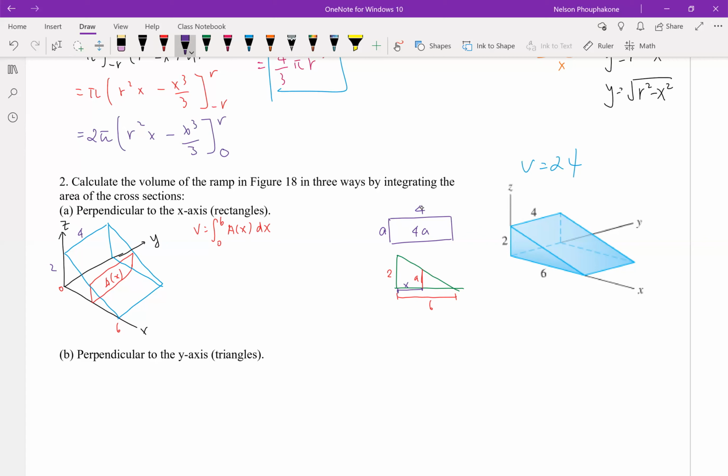Now, how do we actually set this up? Again, you will see that this is basically similar triangles. We know that from here to here is 6 minus x. So now, basically, I will have a over 6 minus x is equal to 2 over 6.